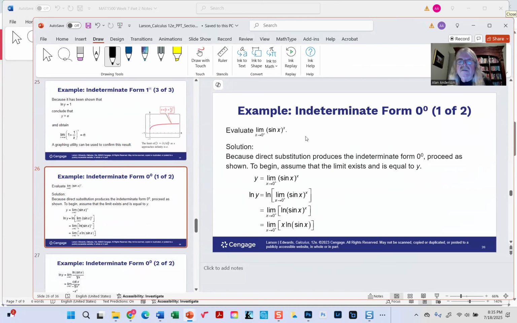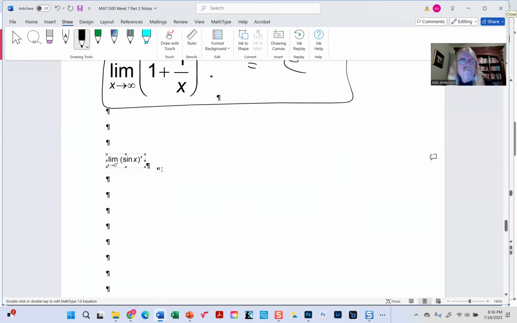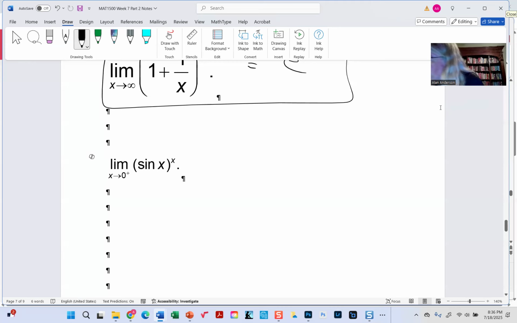Let's see. Now they're going to do, now this one looks like a nightmare. So if we do substitution here, we'll get sine 0 to the 0 power. And, oh, I don't seem to have my calculator right here. Hold on a second.